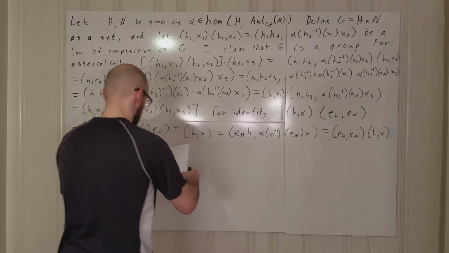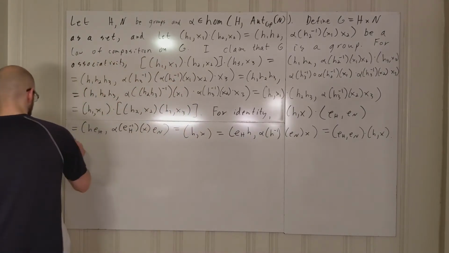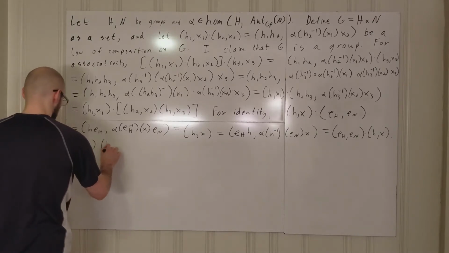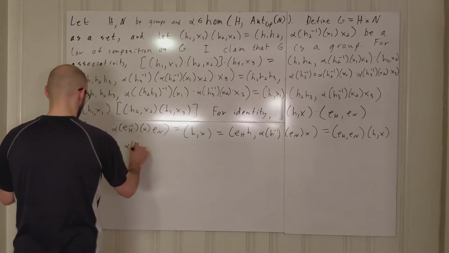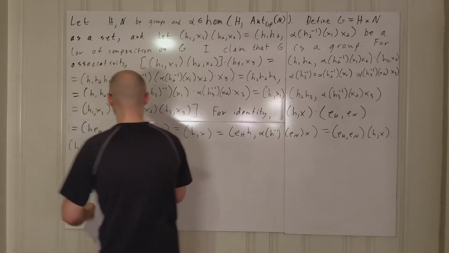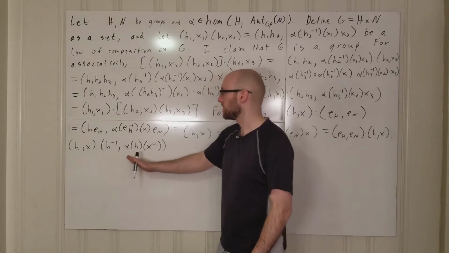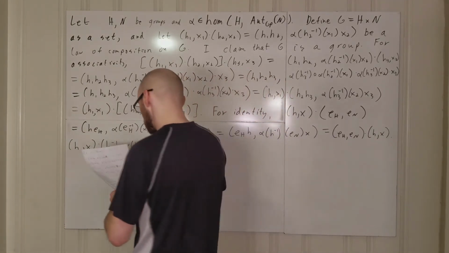So there we go. Now for inverses, this one is a little tricky, and you wouldn't quite think of this on your own necessarily. It would take some work to figure it out. But this is what the inverse looks like. You take h inverse, that's not too hard to figure out. But then here you need alpha h of x inverse.